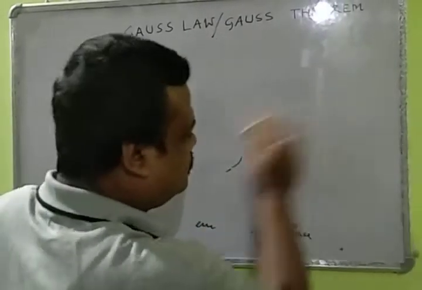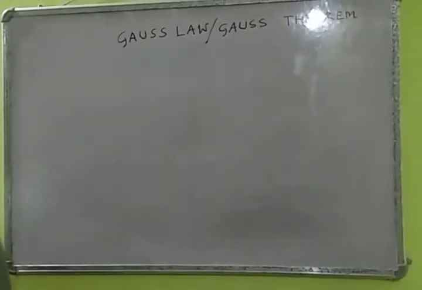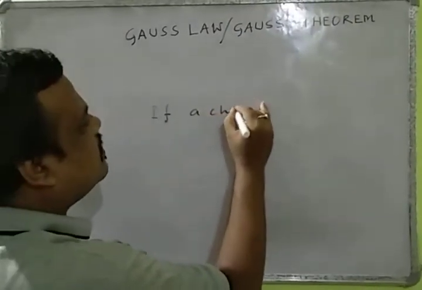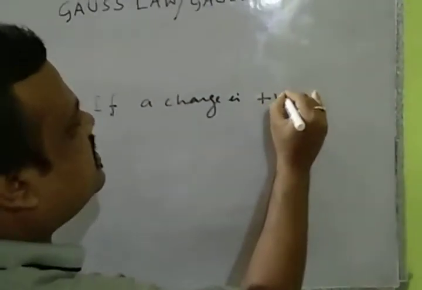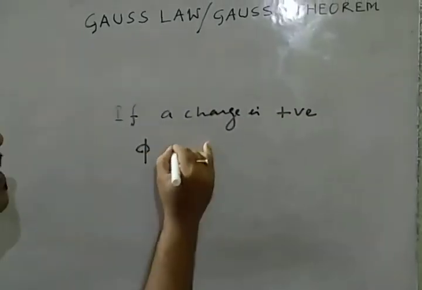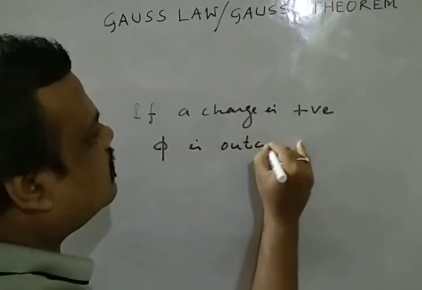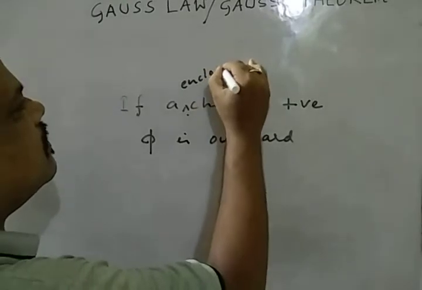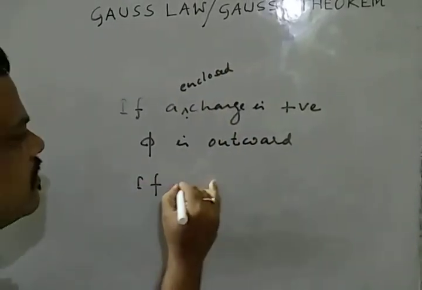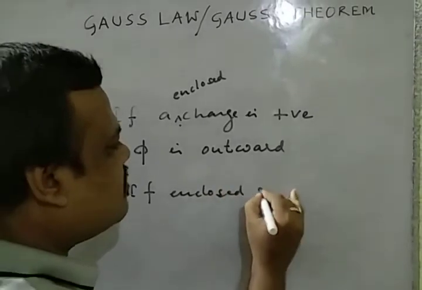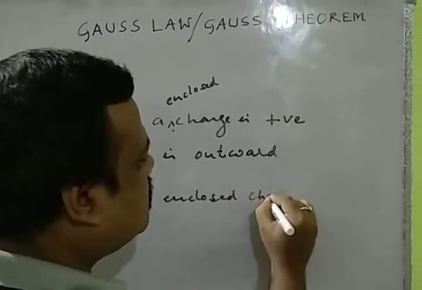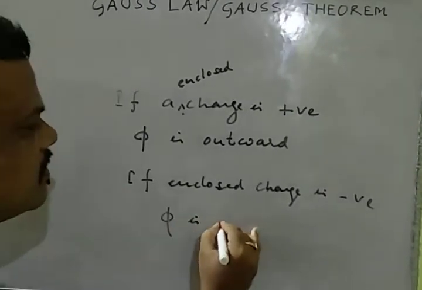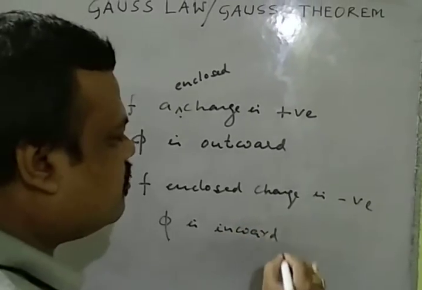Now, if the enclosed charge is positive, flux is outward. If the enclosed charge is negative, flux is inward.